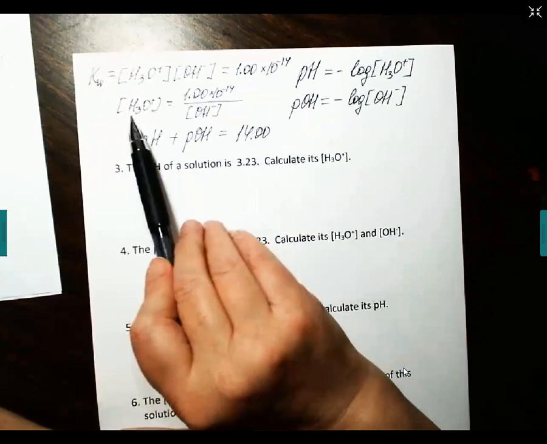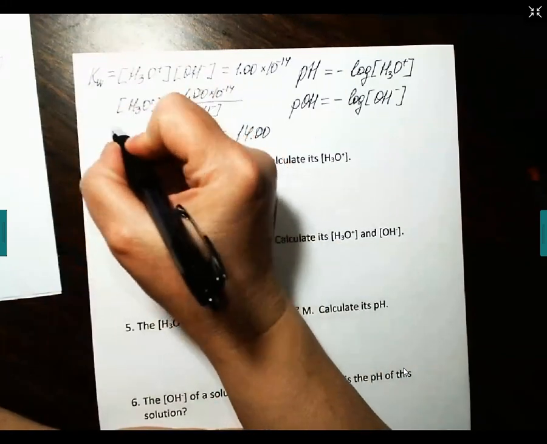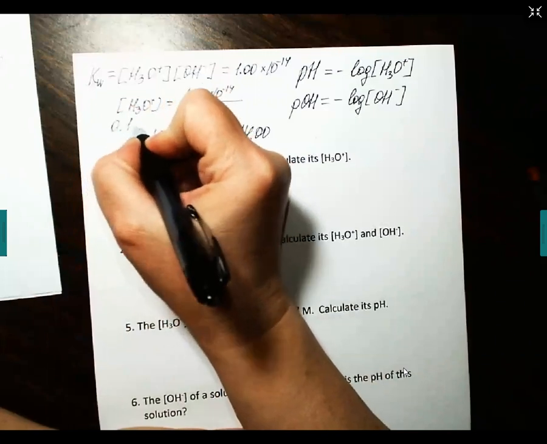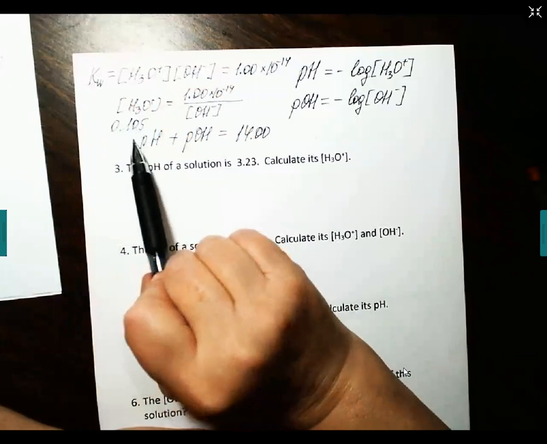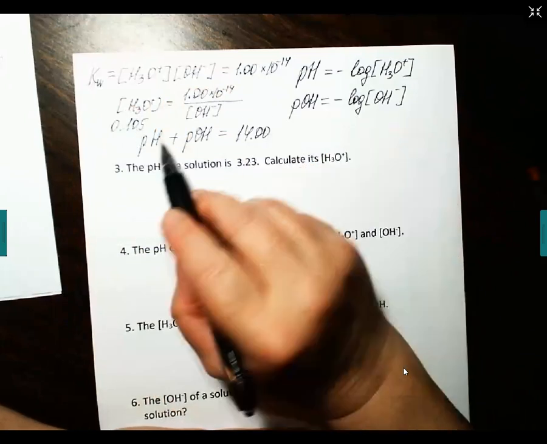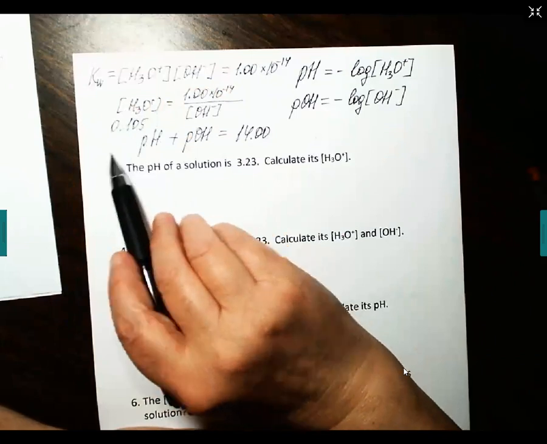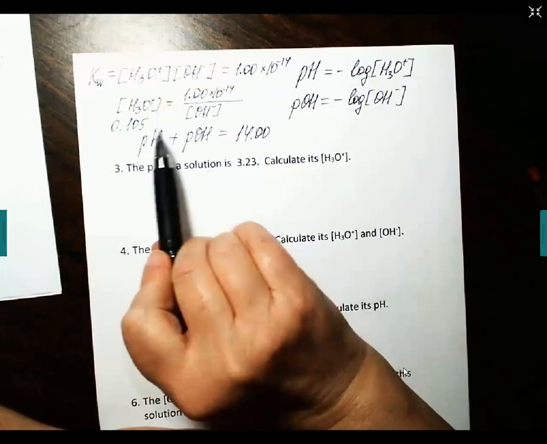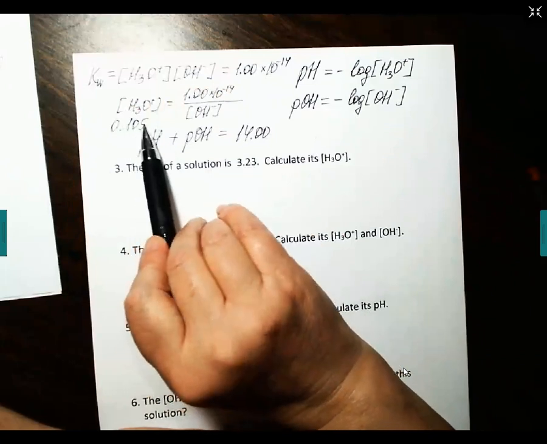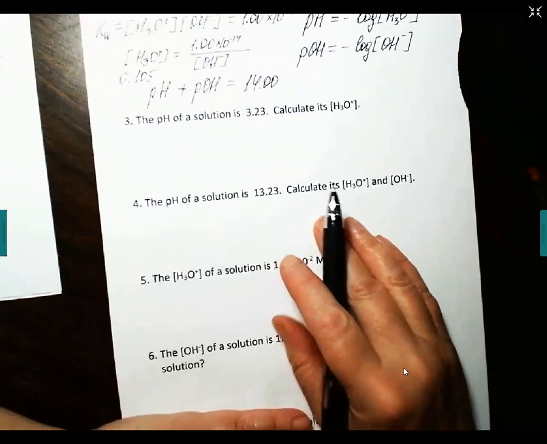So if, for example, the concentration of H3O plus is 0.105, 3 significant figures, our pH for this solution should be some number before the decimal point, and then 3 decimals. It should contain 3 decimals.